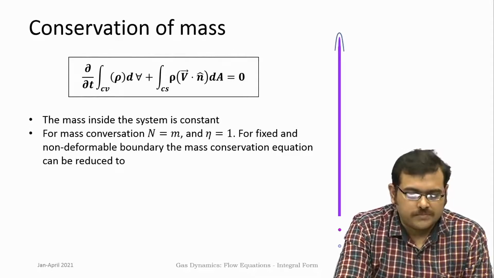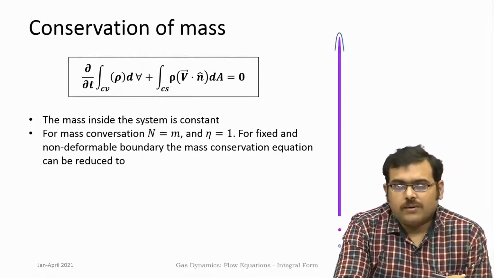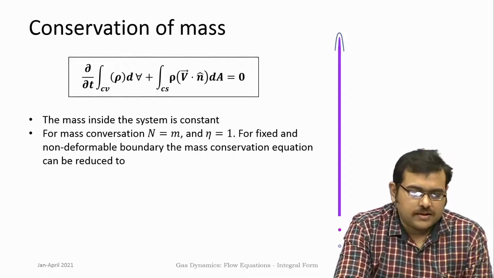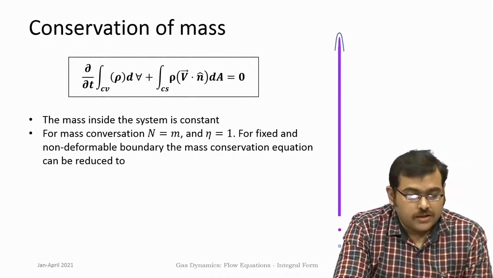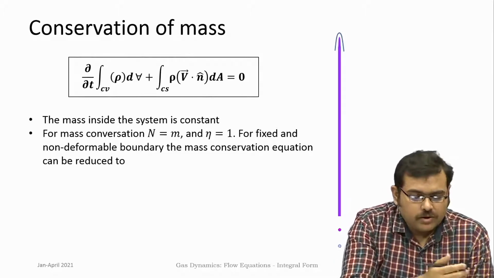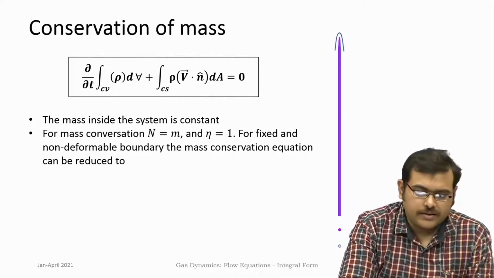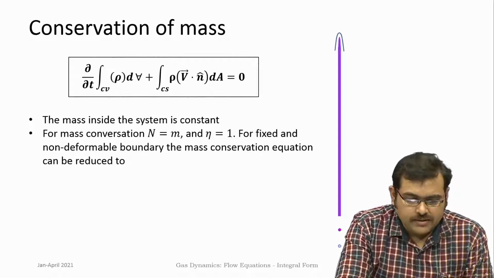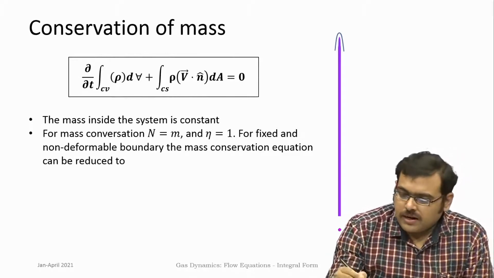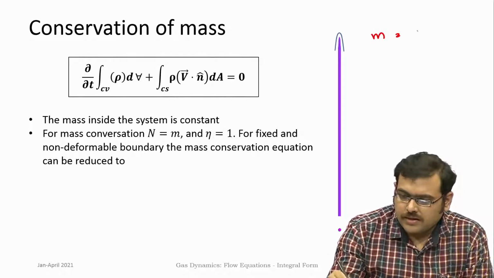The total mass within the system is conserved, mass does not change. What we need to look at is the Reynolds transport theorem and find out what that intensive quantity is. In this case the mass of the system is given by density multiplied by volume itself.